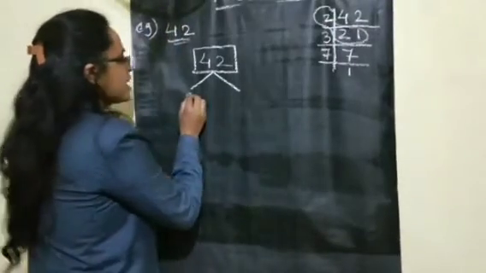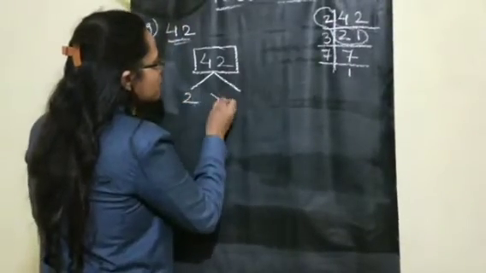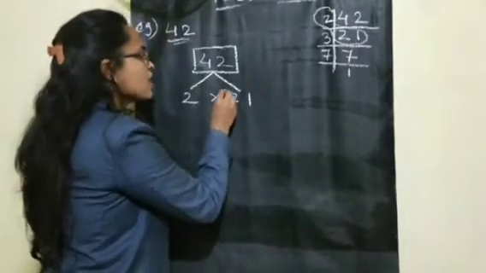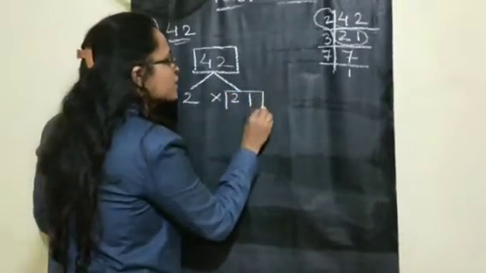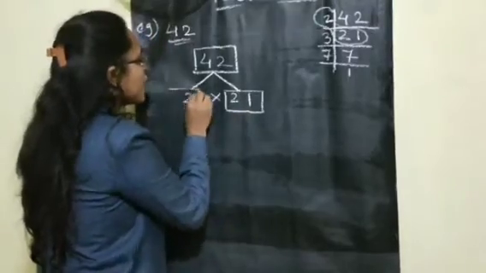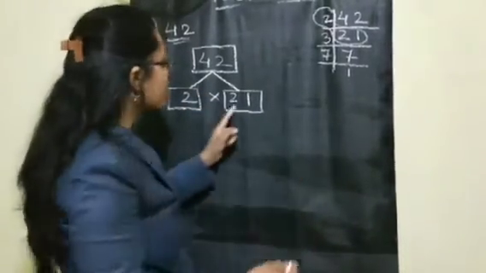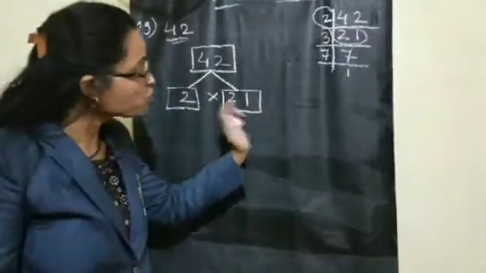So you can write 2 multiply by 21. Now children, here again we have to split 21. Like this we have to go on splitting the bigger number. Whatever bigger number we write, please write it on one side.